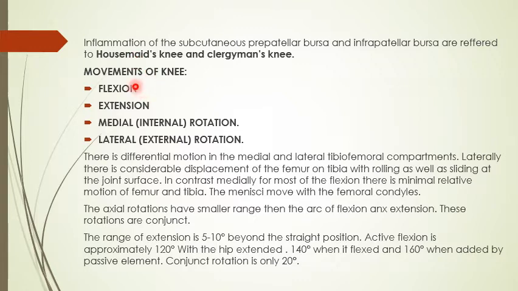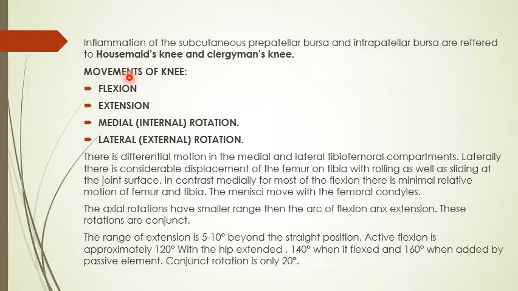The next topic is the movements of the knee joint. The knee joint works on one axis only, which is the transverse axis. The transverse axis passes through the center of the two tibial condyles, from the lateral side, through the intercondylar eminence.